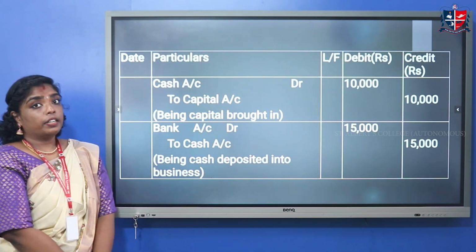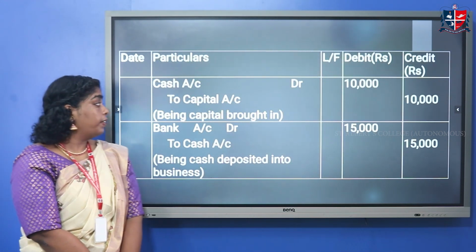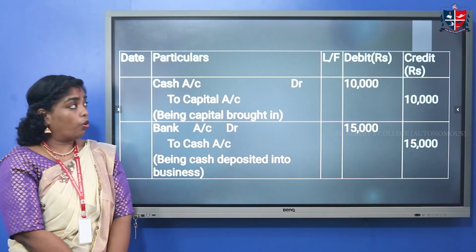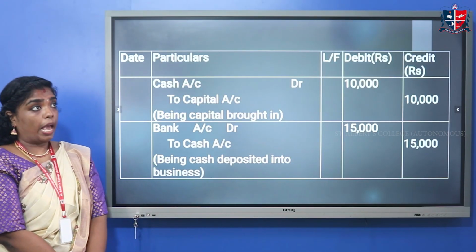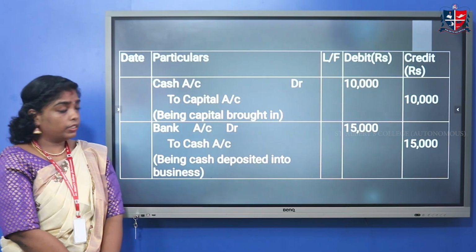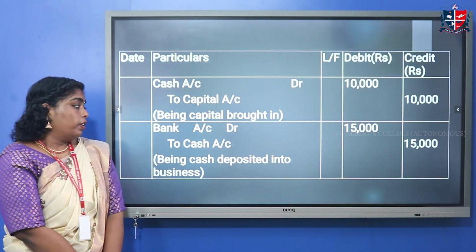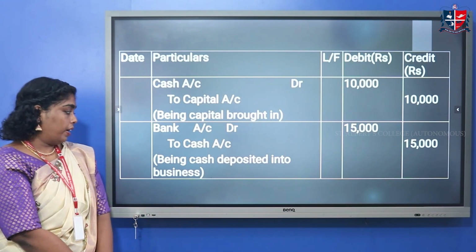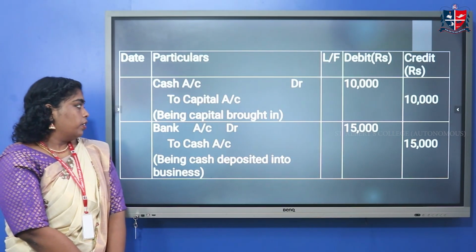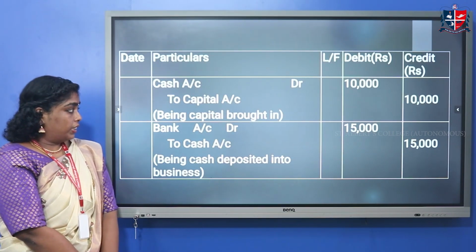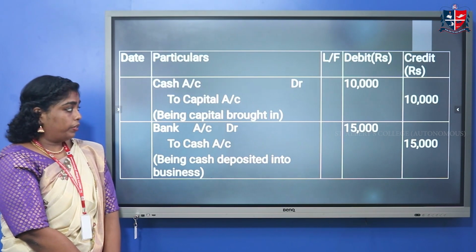Once again, reviewing the entries. First one, for capital brought in, entry will be cash account debited to capital account rupees 10,000. Narration, being capital brought in. Next one, deposited cash into bank account. Bank account debited to cash account, amount is rupees 15,000.